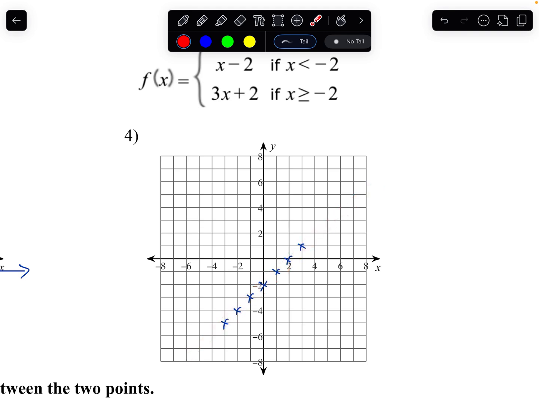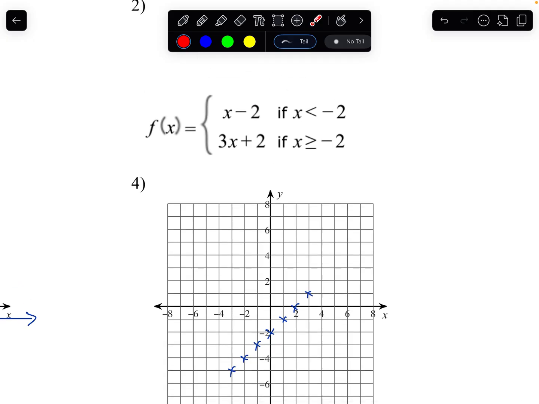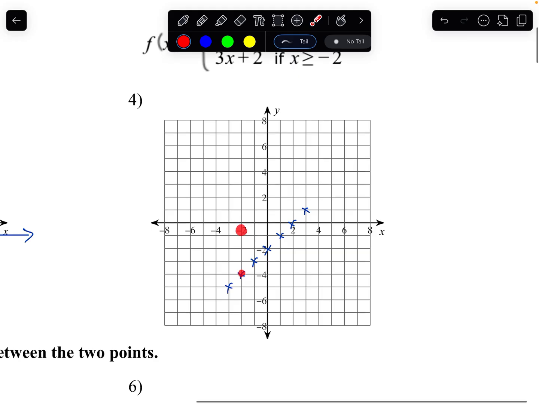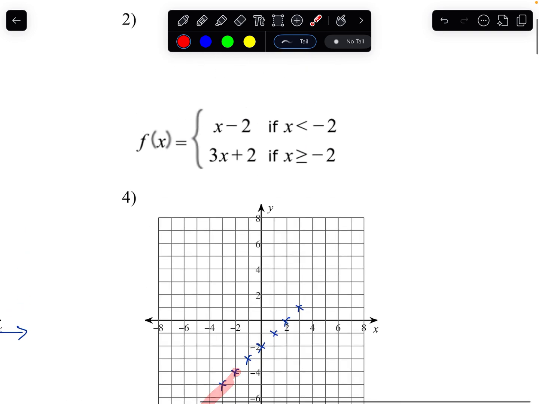Okay. Now, this is the part where we can't ignore. At x equals -2, that's where this line is going to stop. So -2 is where it's going to stop, and this point right here should be the last point. But you have to decide if it's going to be this way or that way, and that depends on if it's less than or greater than.